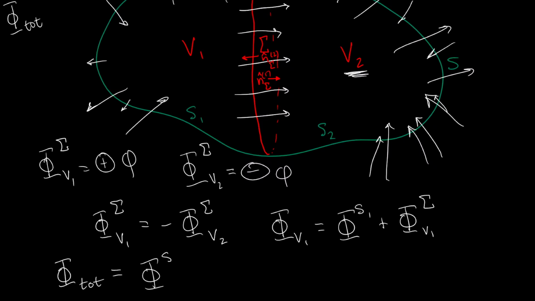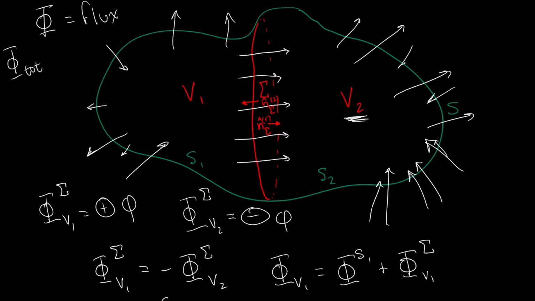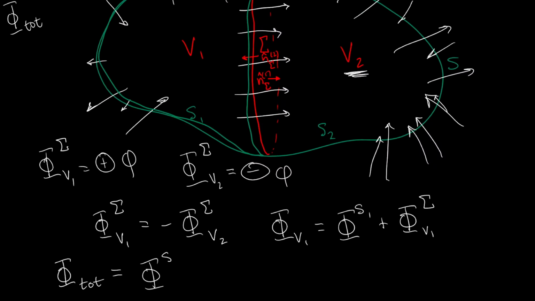So it's going to be this piece here plus the piece going through sigma, just the total flux going out of V1. Now for V2, we can do the same thing, and it's going to look very similar. Phi sigma V1. Or, sorry, V2.